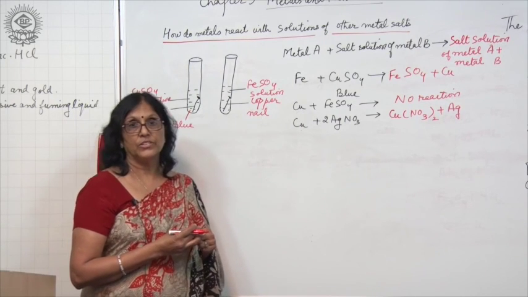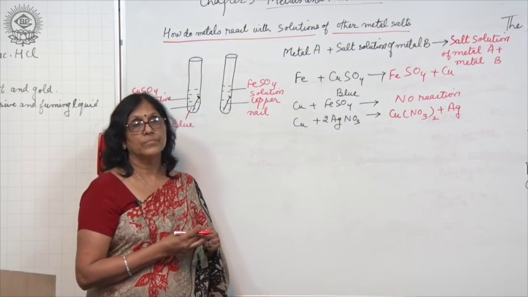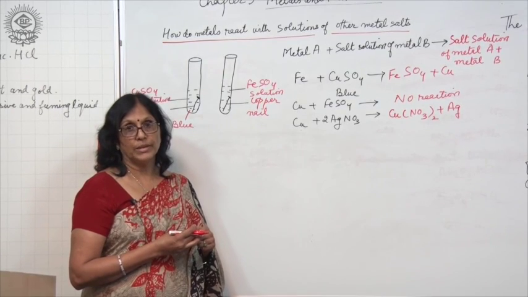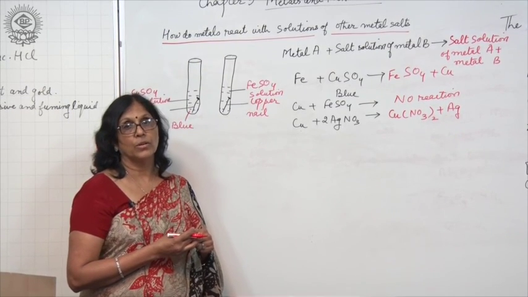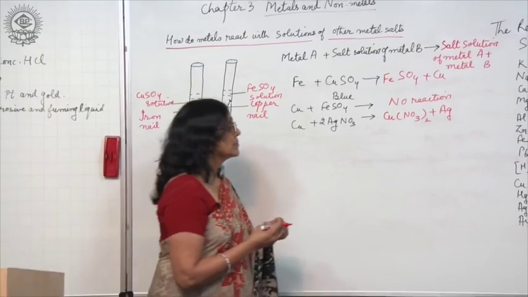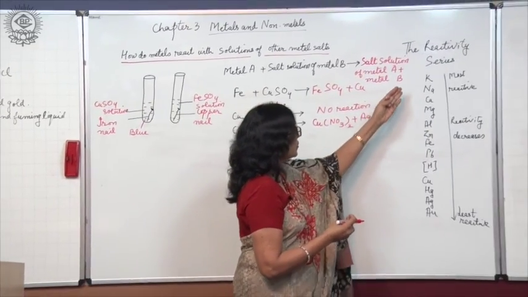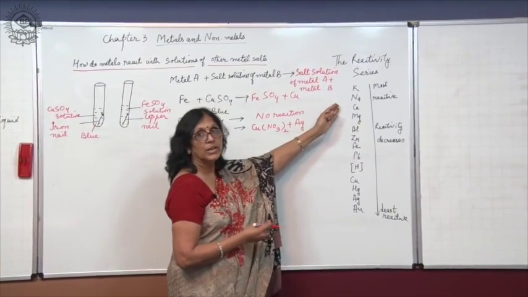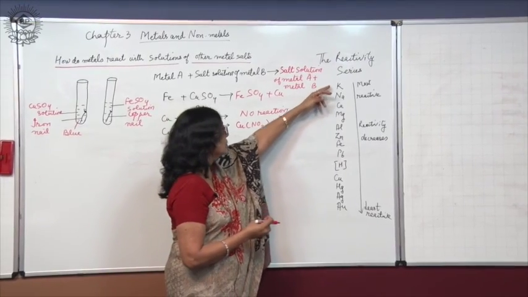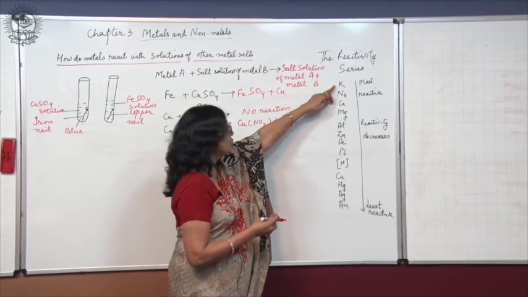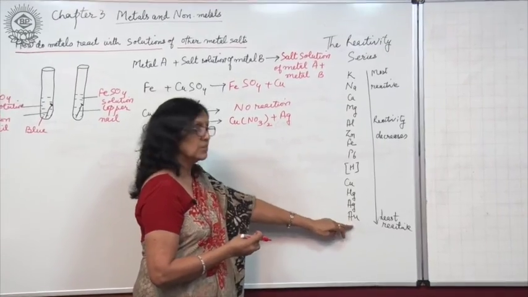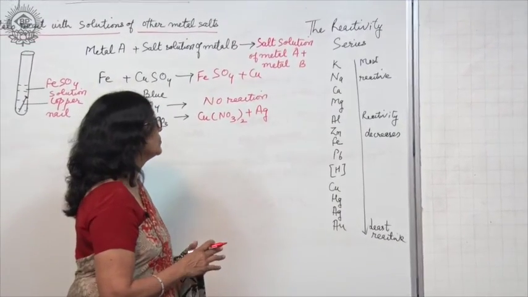Now, what is the reactivity series? This also you have studied earlier. It is the arrangement of metals in decreasing order of their reactivity. Potassium is the most reactive metal and gold is the least reactive metal.